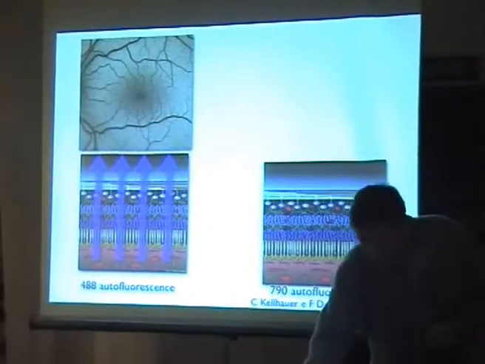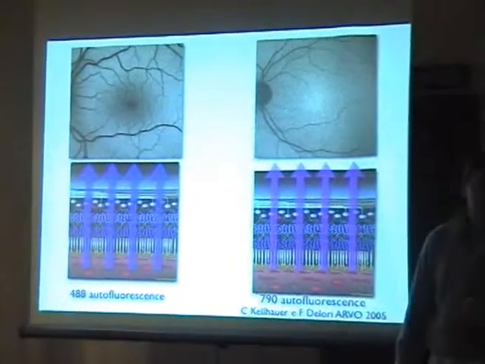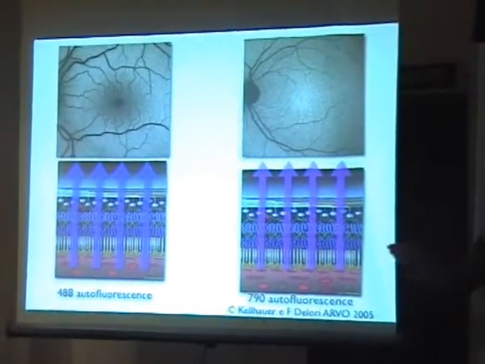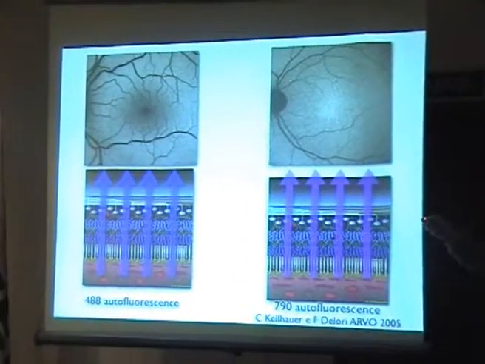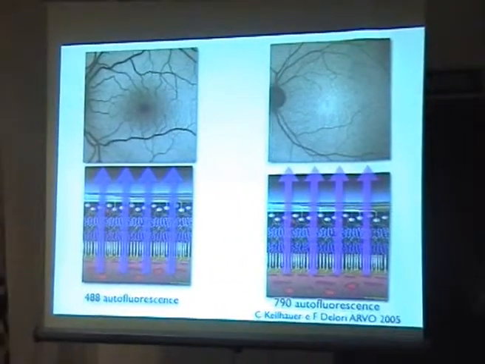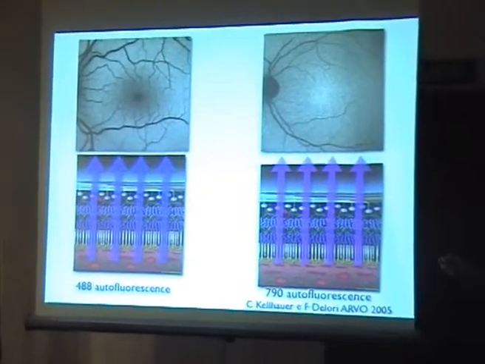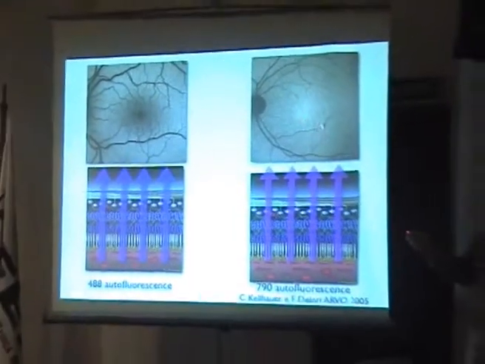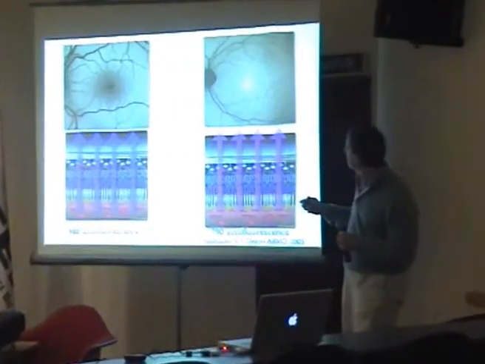And the image that you get is like that. You see, it's a different issue. Here you don't have a decreased autofluorescence, but you have an increased autofluorescence in the same patient.